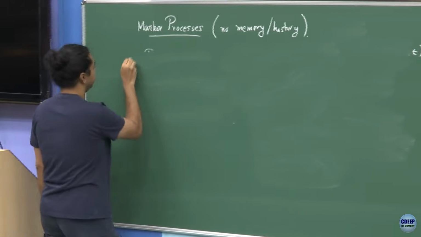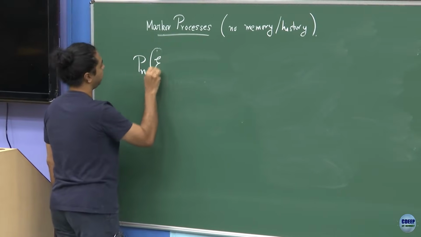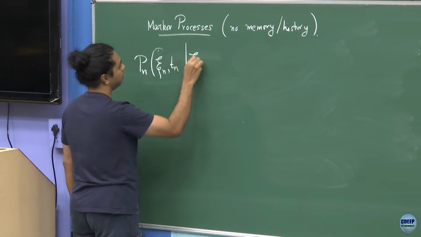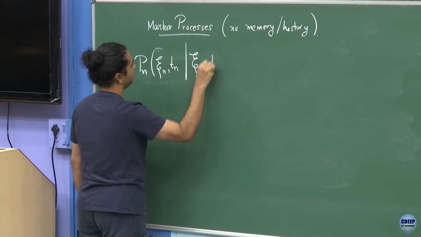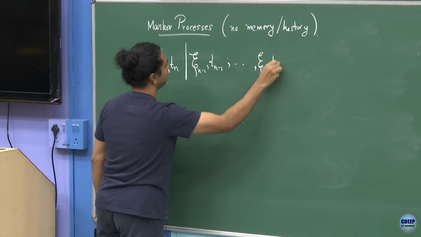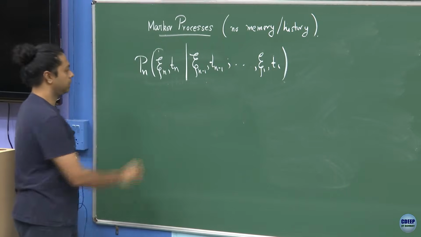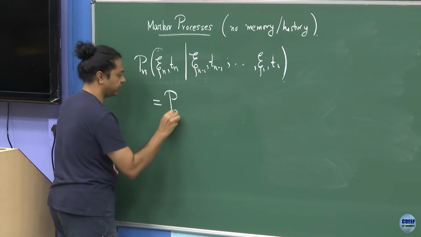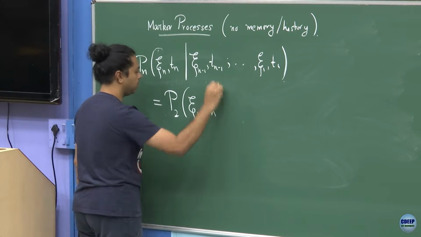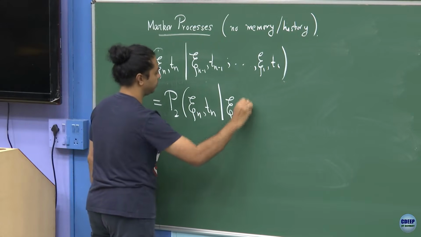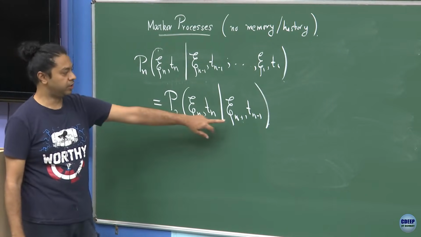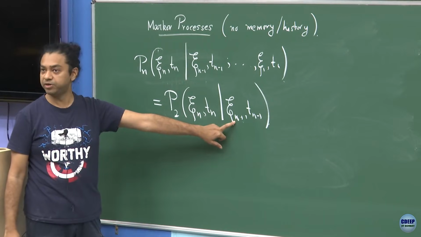So, therefore, this Pn of xi n Tn given the full history xi n minus 1 Tn minus 1 all the way up to xi 1 T1 just becomes a single step memory: xi n Tn given xi n minus 1 Tn minus 1. That is it. Okay. It does not depend on how you got there, it just depends on where you are now at the previous instant of time.